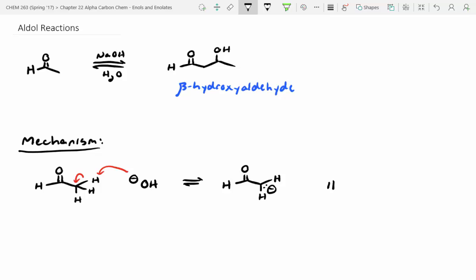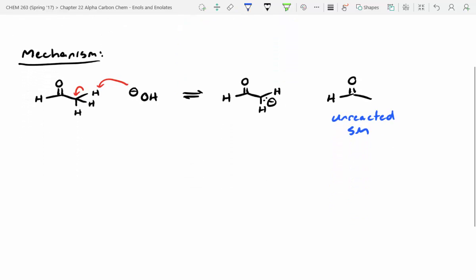Okay, and then you have some of your starting material around that's unreacted. So I'm just going to draw it in as an intermediate here, just so we've got more condensed arrow pushing. And at this point, our enolate can act as a nucleophile, attack into your aldehyde, and kick up electrons onto the oxygen.